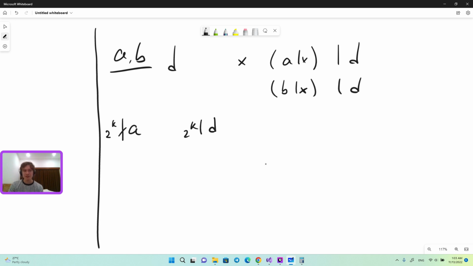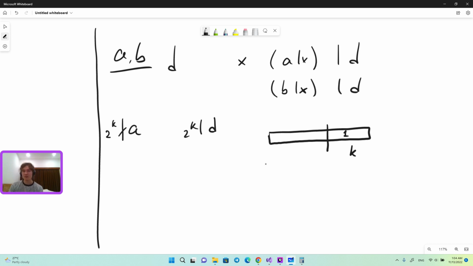Because if this is true, this means that in the binary string corresponding to a, in the last k digits, there is a 1. And this means that if you take a or x, there will also be some 1.